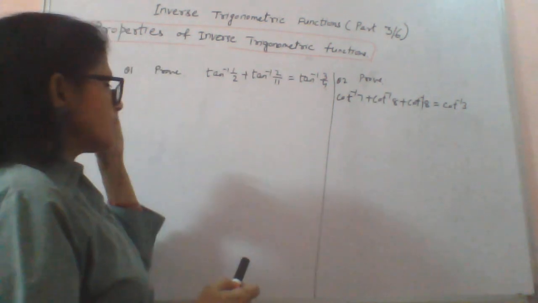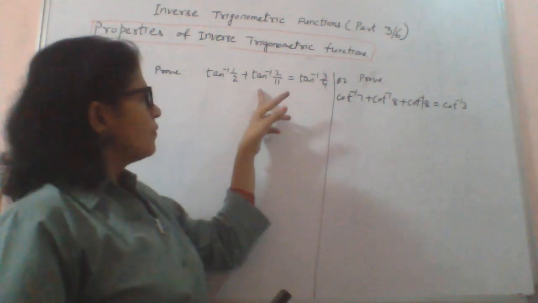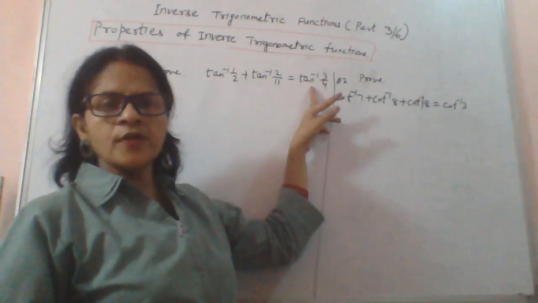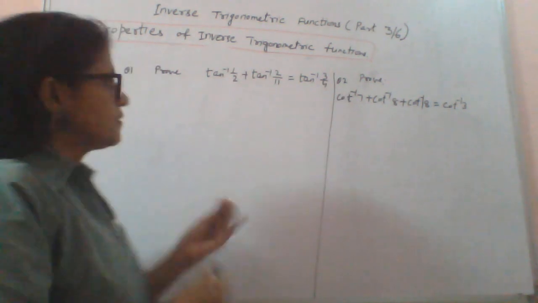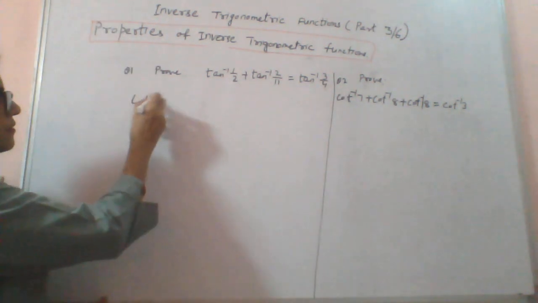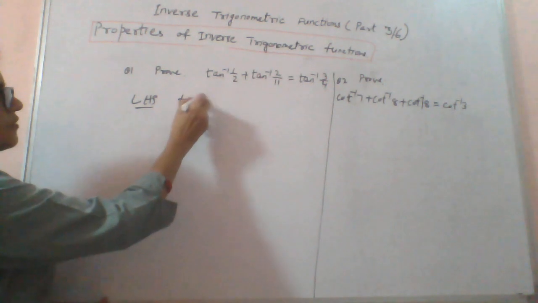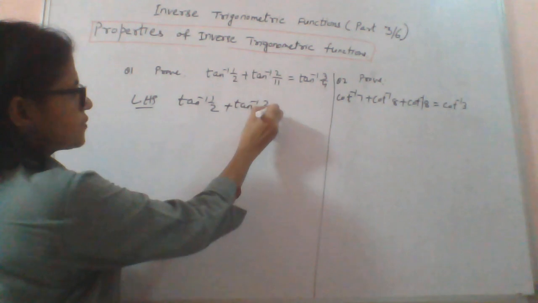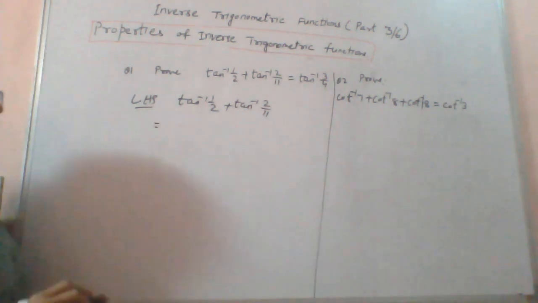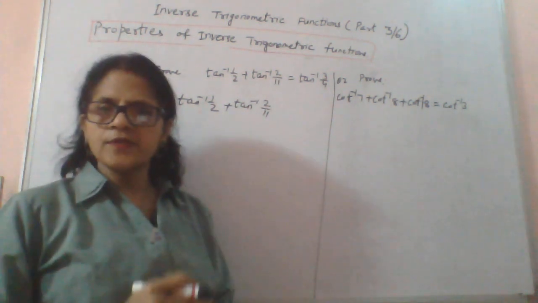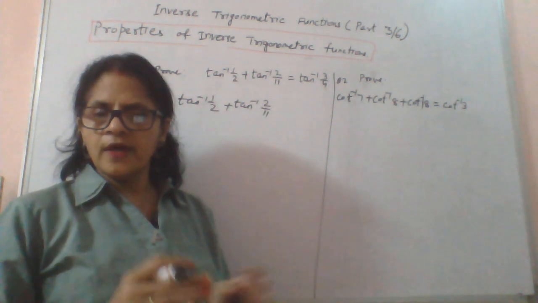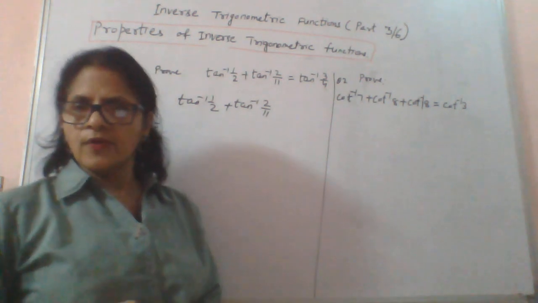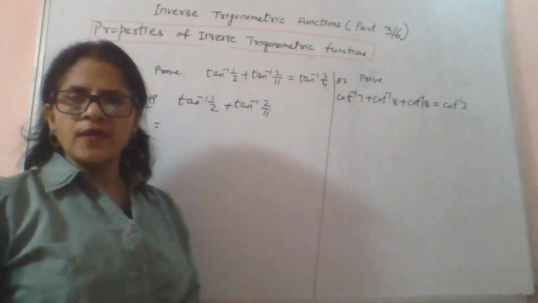So the first question is: tan inverse 1 by 2 plus tan inverse 2 by 11 equals tan inverse 3 by 4. We have to prove this. Taking the LHS, tan inverse 1 by 2 plus tan inverse 2 by 11. As we know, tan inverse x plus tan inverse y equals tan inverse of x plus y by 1 minus x into y, provided x into y is less than 1.